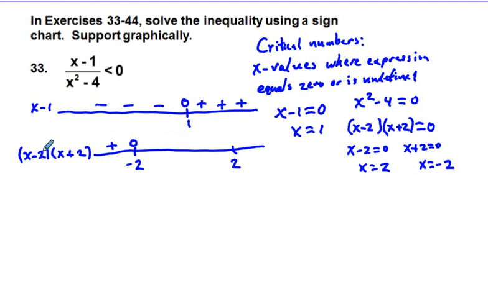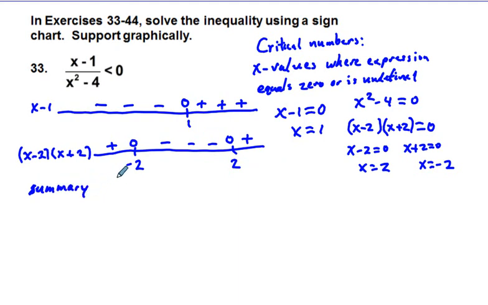Like if we plug in 0 for this expression, we have a negative times a positive. So we would have negative here, negative here, negative here, 0 again at x equals 2, and then positive times a positive greater than 2. And then we have a summary line below.